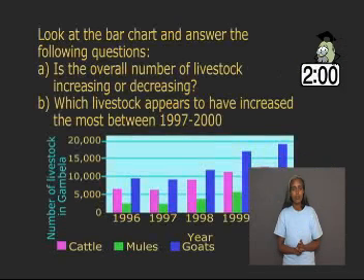Please take a few minutes to find the answer, students. When you are finished, see what other questions you could solve by reading the bar chart. Students, let's get ready. Begin.